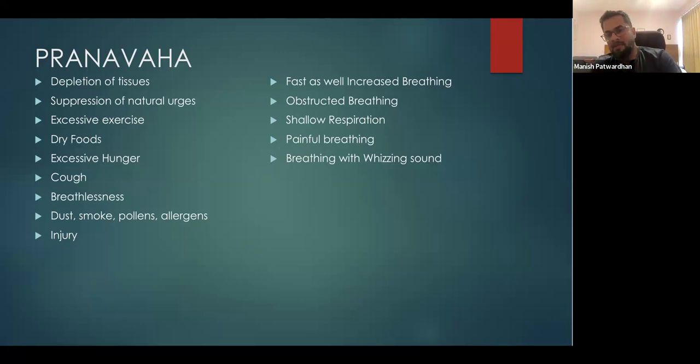What does that mean? The organ which is probably the most dominant vata organ in the body, the heart, starts its vata function even before we are born, and it is the last organ to stop its functioning in the body.